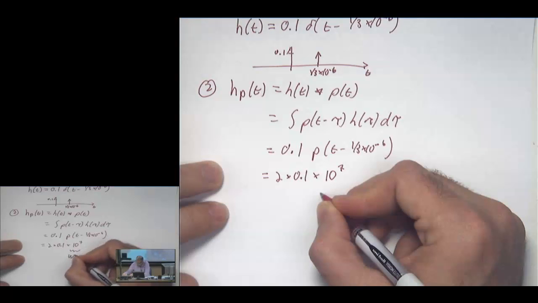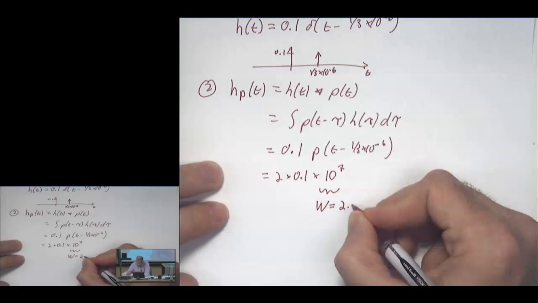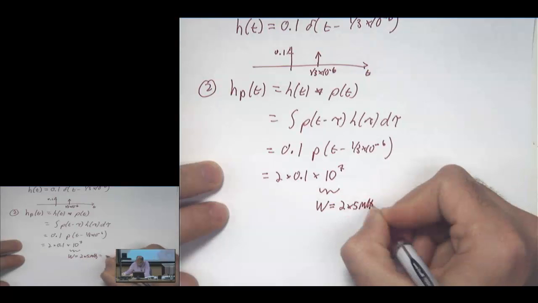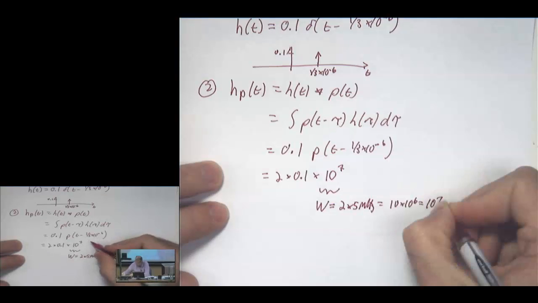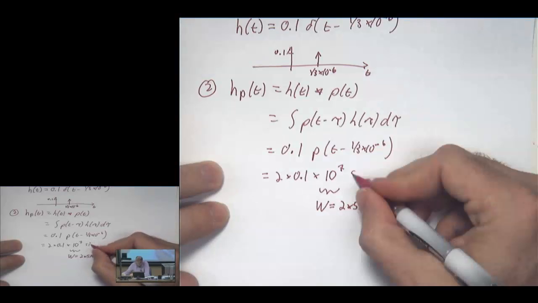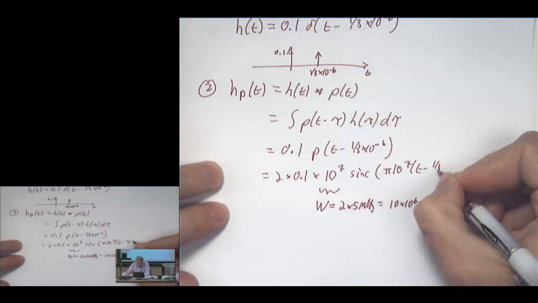That's W, which is the passband bandwidth, which is twice the baseband bandwidth, which is 2 times 5 megahertz, which equals 10 times 10 to the 6th, which is 10 to the 7th. So that's where 10 to the 7th comes from. And then we have this sinc function here, which is going to be pi 10 to the 7th, t minus 1/3 times 10 to the minus 6.